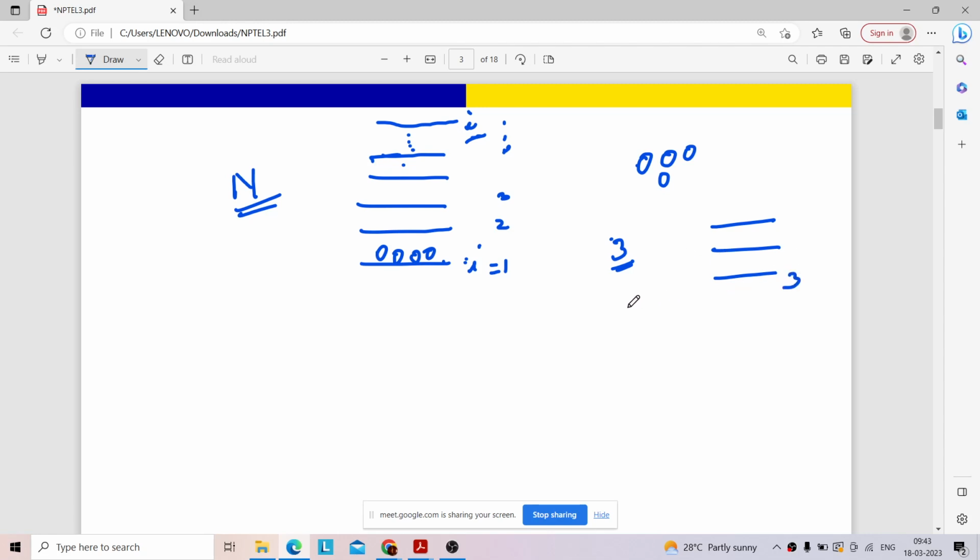There are 3 to the power 3 ways I can arrange them if they are distinguishable. You can compute this. Is it correct or not?